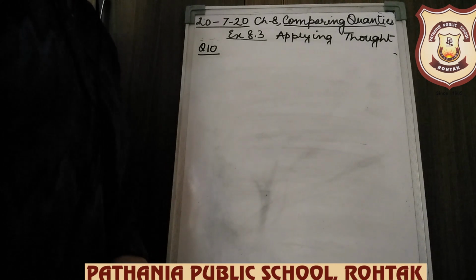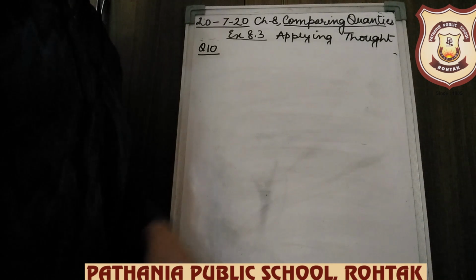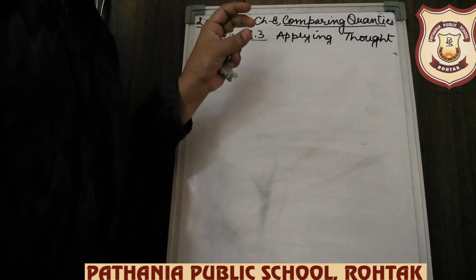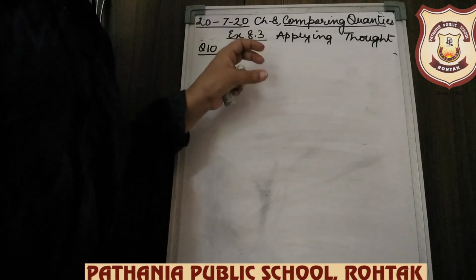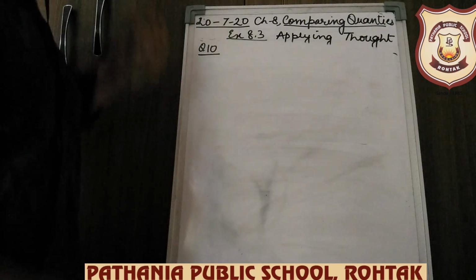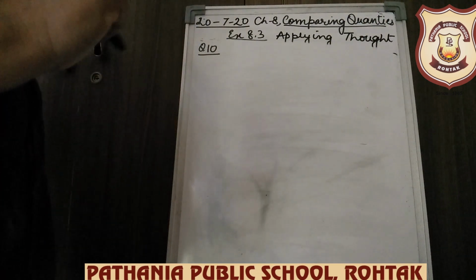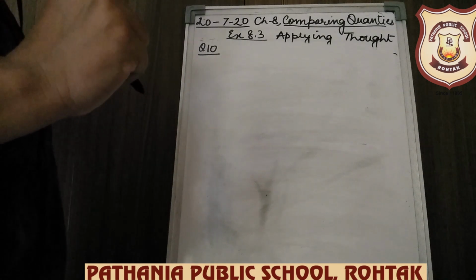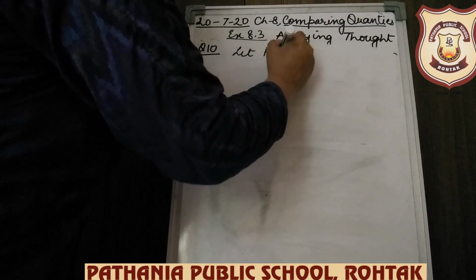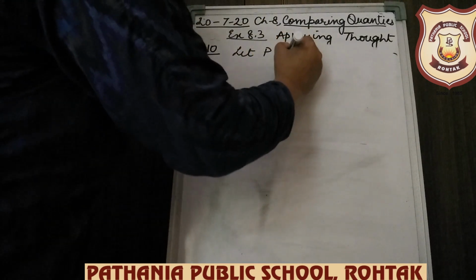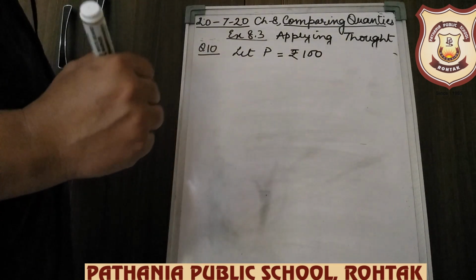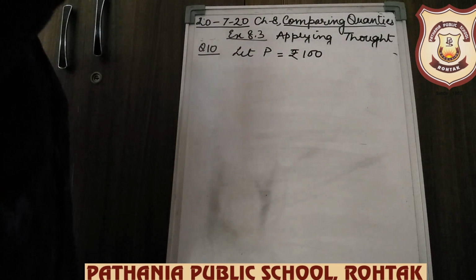Okay, so double means 2 times, 3 times means if 100 rupees are there, then when it is going to become 300, 3 times. So first we'll take up the first case, that a certain sum of money, let principal be equal to rupees 100.